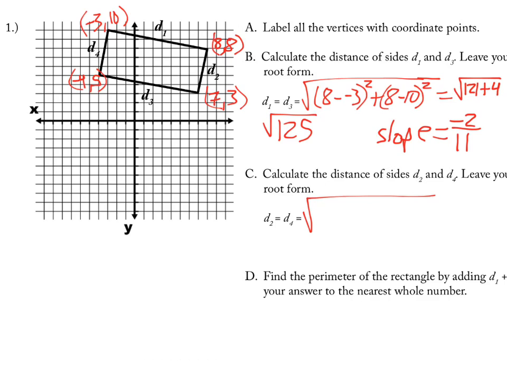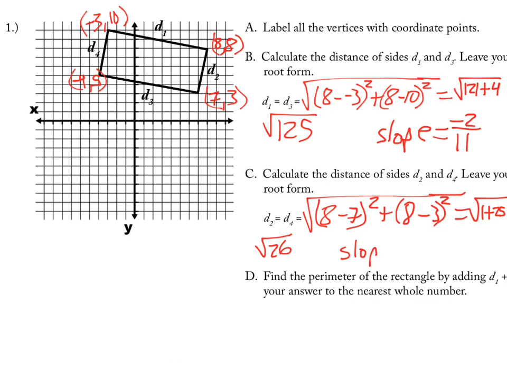For my formula, I'm going to have 8 minus the x value, which is 7, and I'll need to square that, and then add 8 minus 3, which is the y1 coordinate. 8 minus 7 is 1, so we have 1 plus, and 8 minus 3 is 5, which squared is 25. So we're looking at the square root of 26.